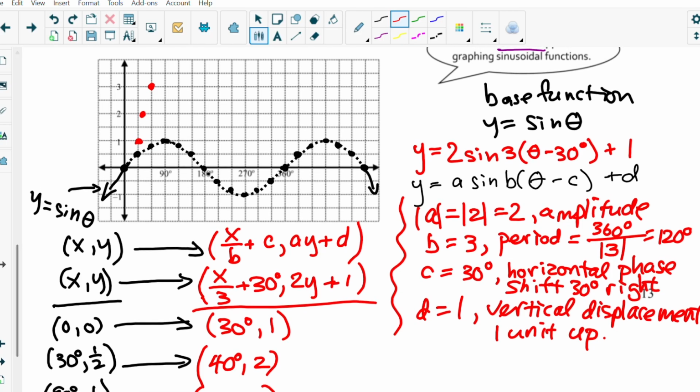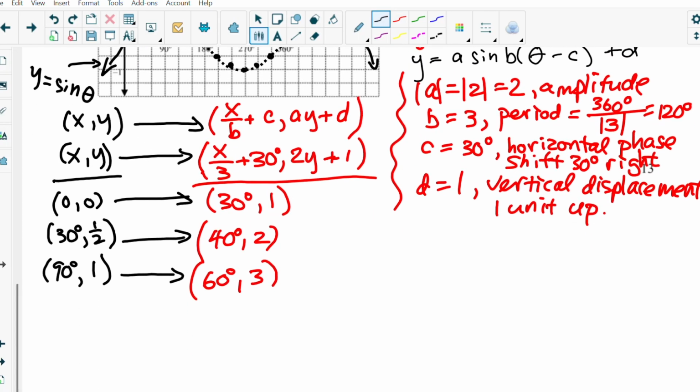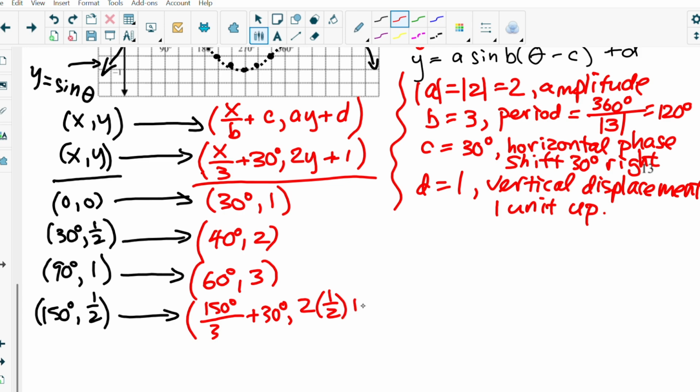Okay, next one, 150 and 1/2. That's 150 over 3 plus 30 degrees, comma 2 times 1/2 plus 1.